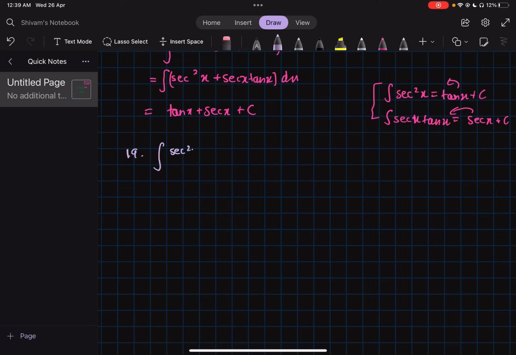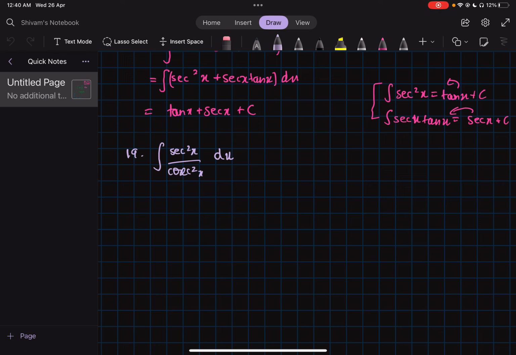So, and for the 19th question, we have sec square x over cosec square x dx. Okay, alright. So whenever you see sec or cosec or tan or cot, it's a good idea to usually express it in terms of sine and cos because we know so many properties pertaining to sine and cos and they work with each other really well, right?